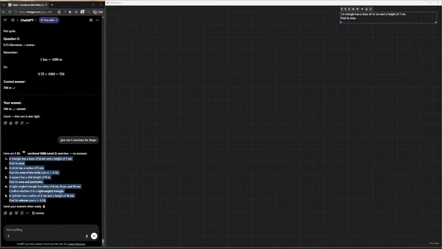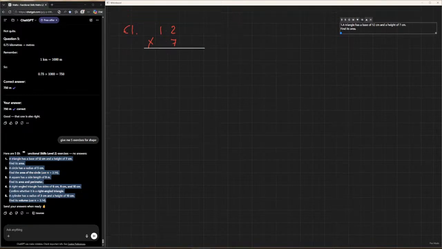So yeah, this one, from what I remember, if I am correct, for exercise one, we multiply the width by the height, times 7. 7 times 2 is what? 14. 1 times 7 is 7, plus 1 is 8.